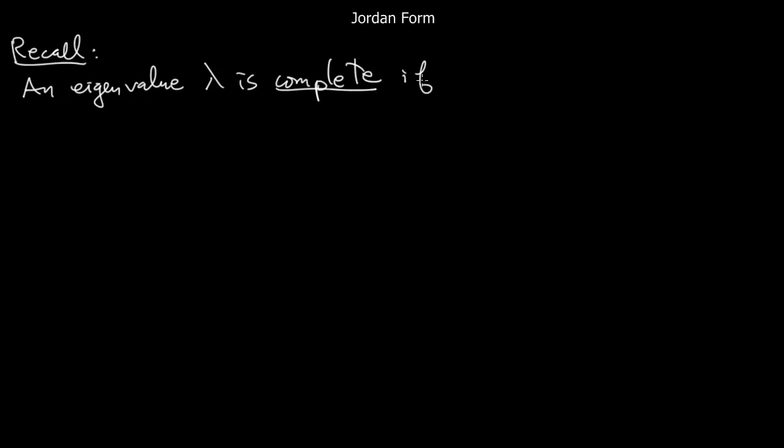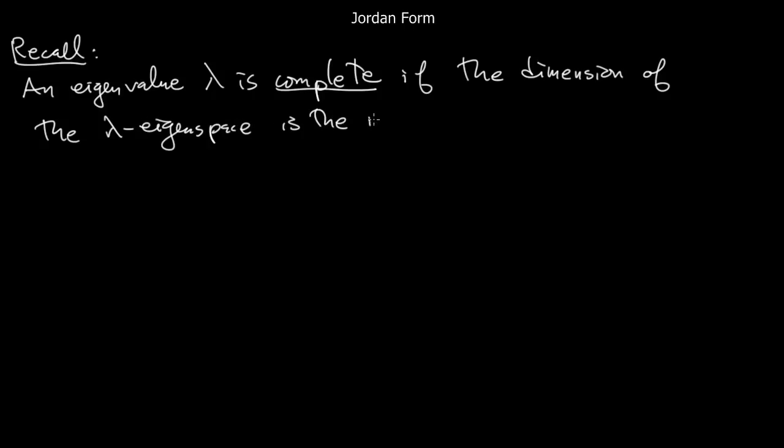Okay, so recall we had the notion of a complete eigenvalue. And that is to say, we say an eigenvalue is complete if the dimension of the lambda eigenspace is as big as it can be. That is to say, the dimension of the lambda eigenspace is the same as the multiplicity of that eigenvalue.